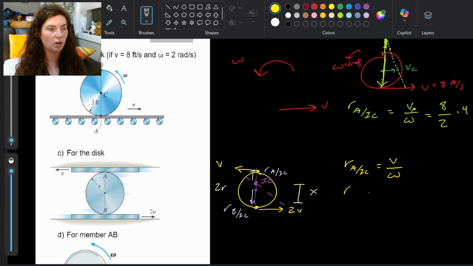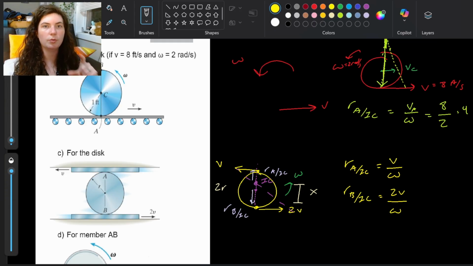And then we have r of B with respect to IC is going to be 2V. Our velocity is 2V on the bottom there, and omega is the same for both. We weren't given an omega, but we know that omega is going to be the same for both of those points as it's rotating around.